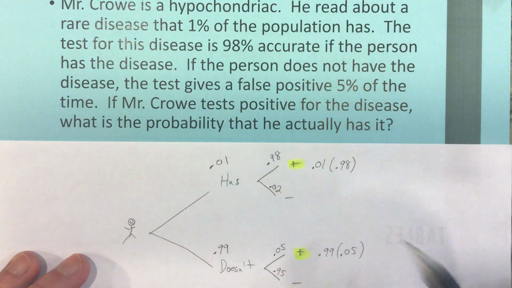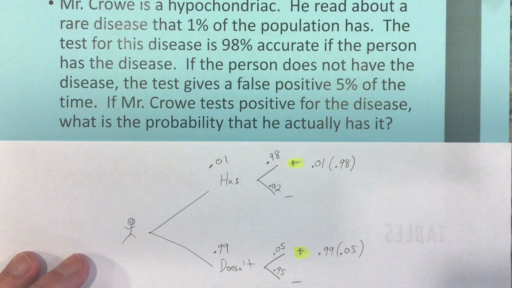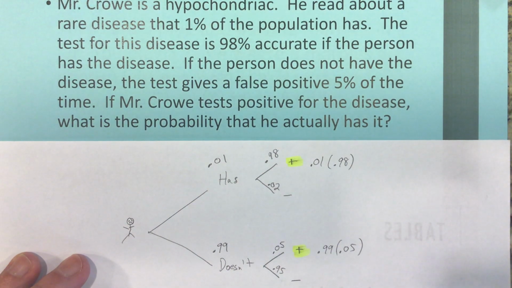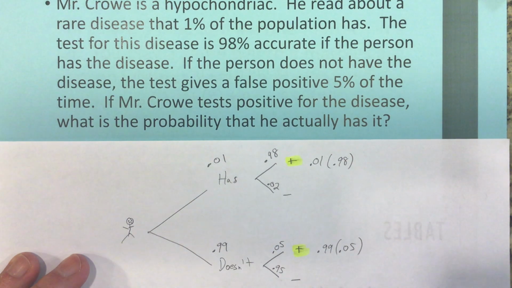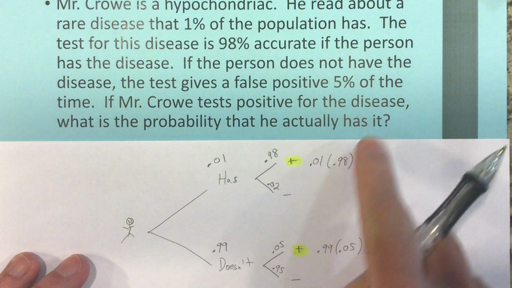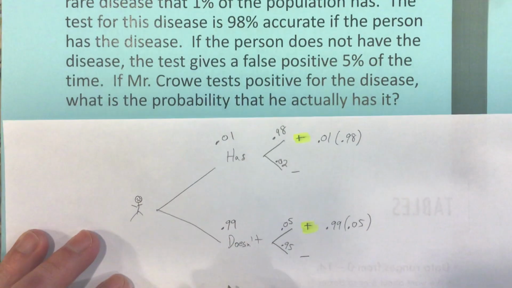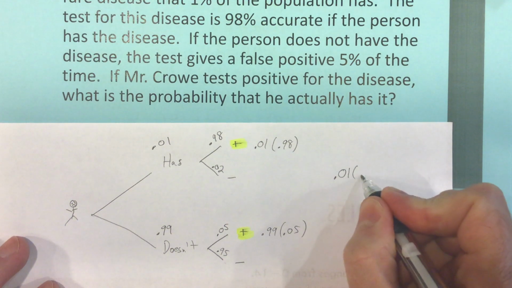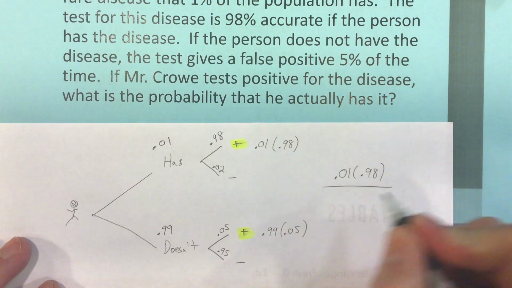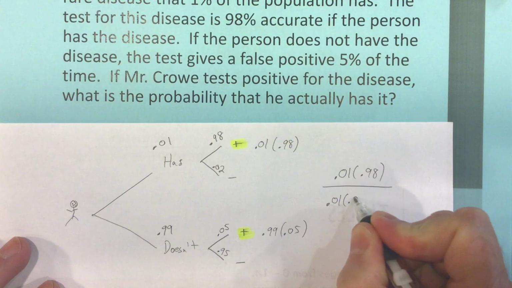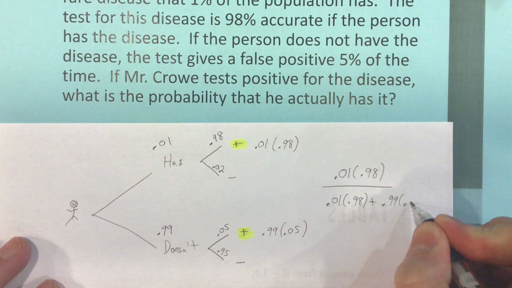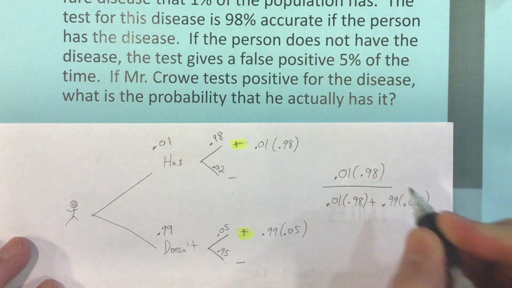I'm definitely in one of those two branches because I tested positive. So the sum of those two branches is the denominator. Now, of course, the numerator would be, I actually have it, so that's this one. So my answer will simply be 0.01 times 0.98 divided by 0.01 times 0.98 plus 0.99 times 0.05.